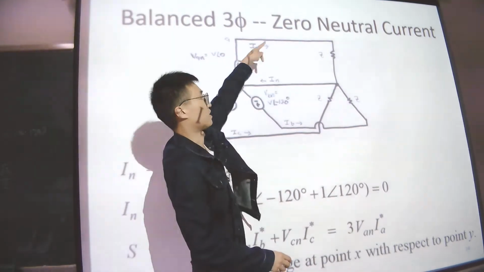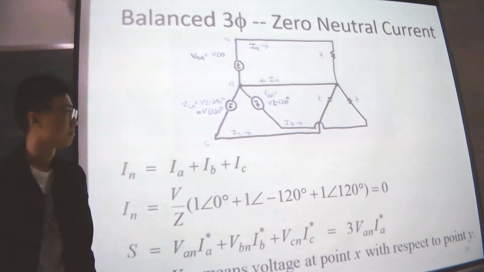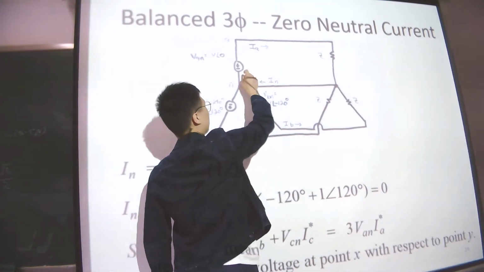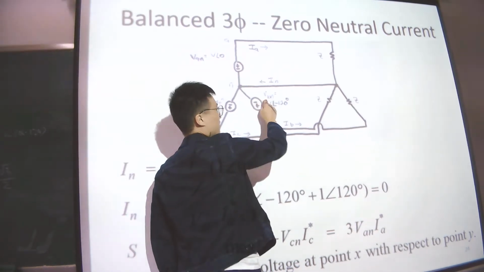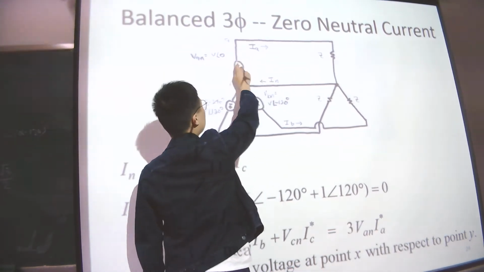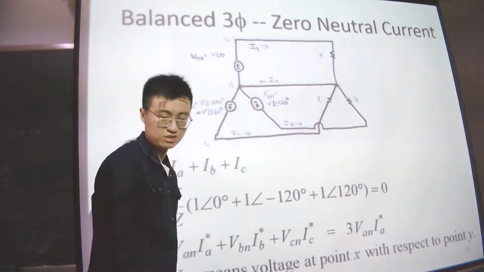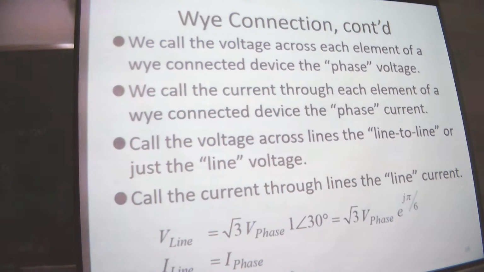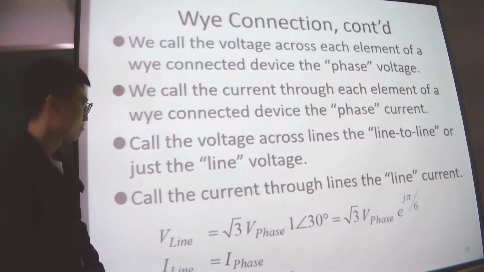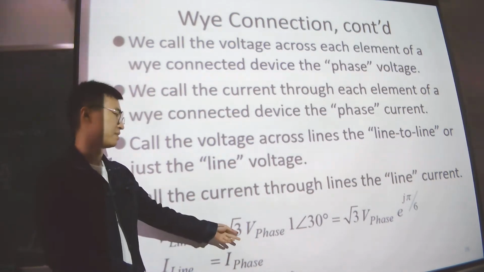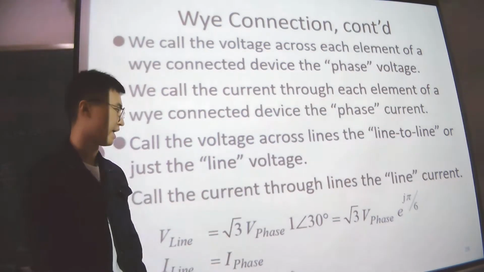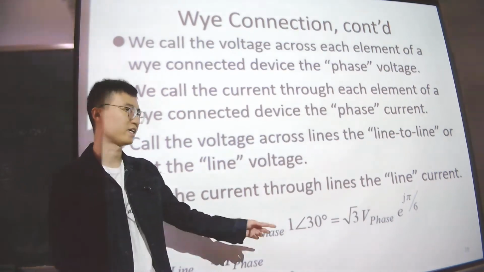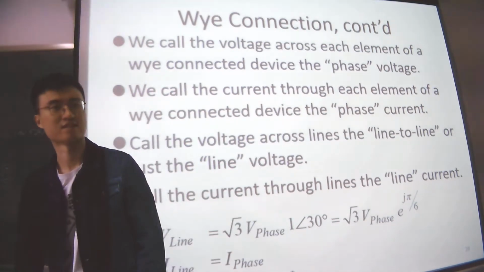But the voltage here and here, you cannot say it is equal to the phase voltage. So that's why we use the square root of three times the phase voltage, leading by 30 degrees.